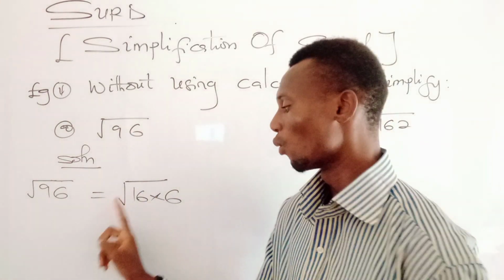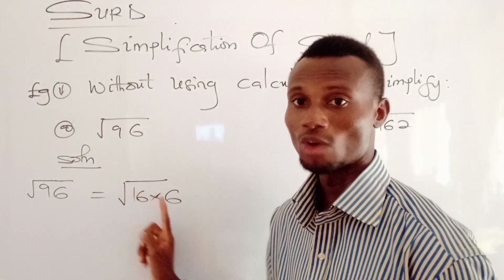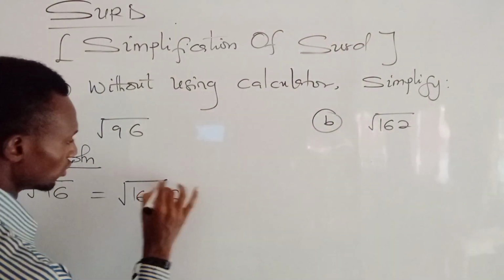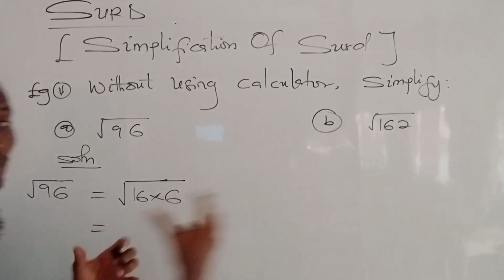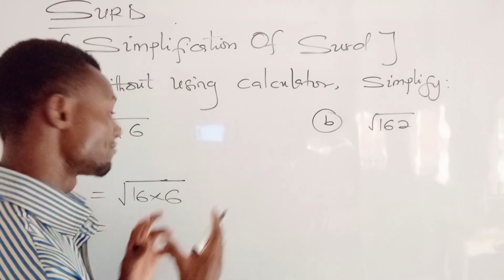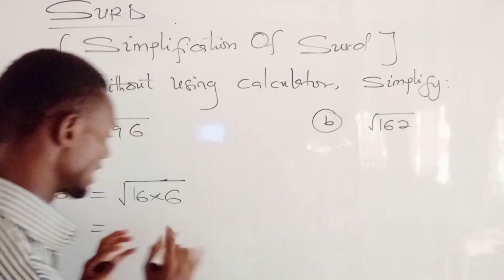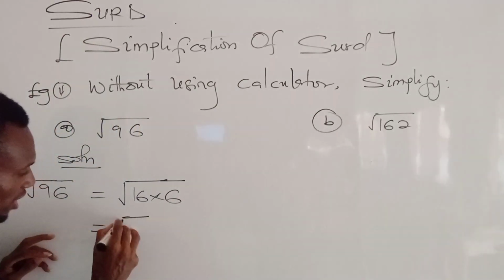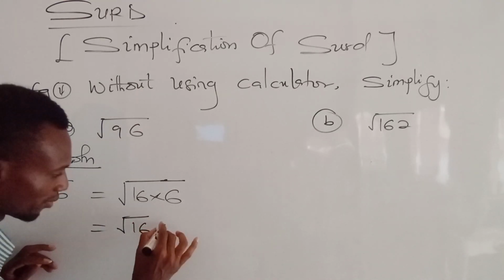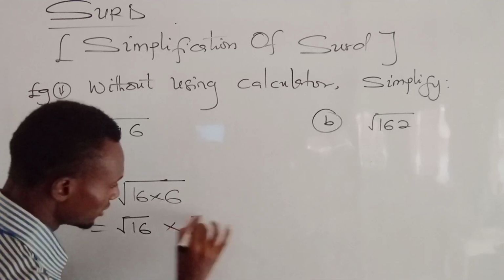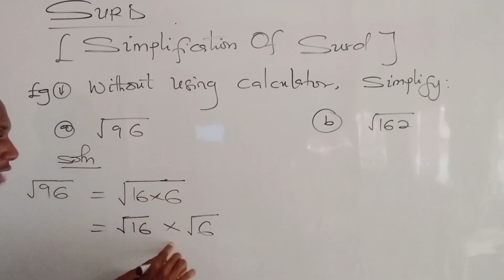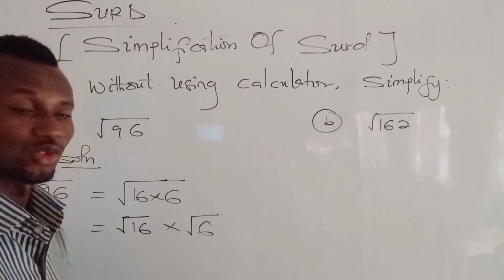So the square root will affect the 16 and the square root will affect the 6 as well. We are going to separate them by writing it like this. It's going to be root of 16, your sign here is times, so bring your times, then your root of 6. So the square root affects the 16 times the square root affects the 6 as well.